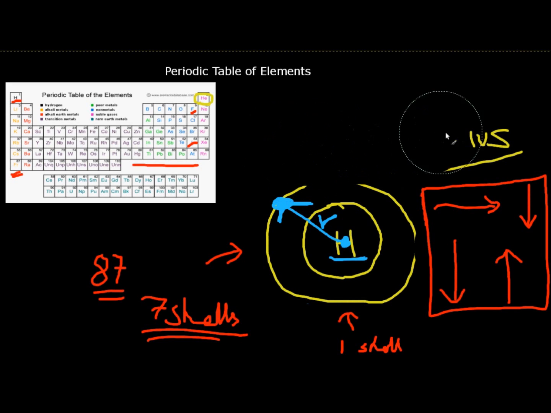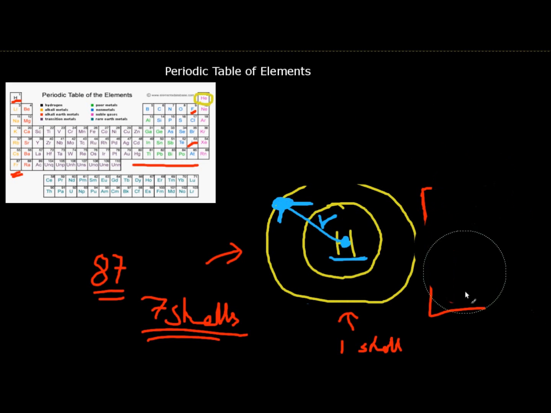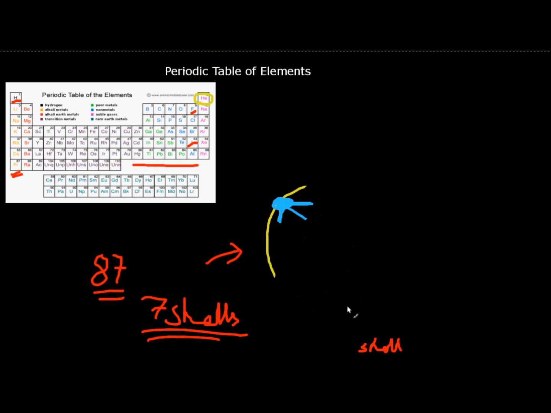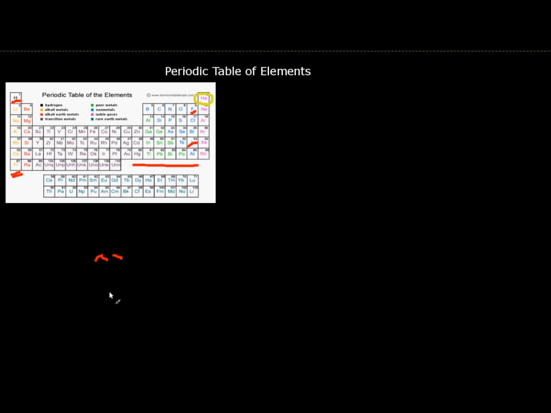I'm just going to rub this out. Next physical property, a pretty important one: ionization potential. Just to summarize what ionization potential is, I'm going to draw an atom. Take any atom, say this is sodium.